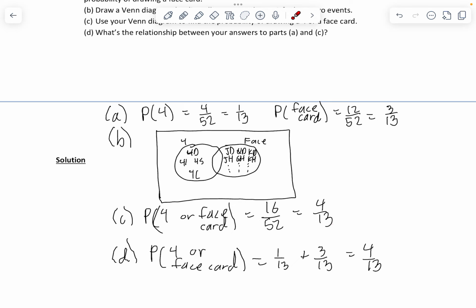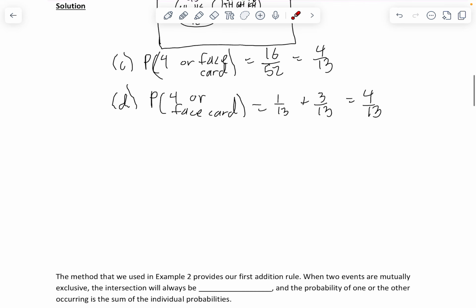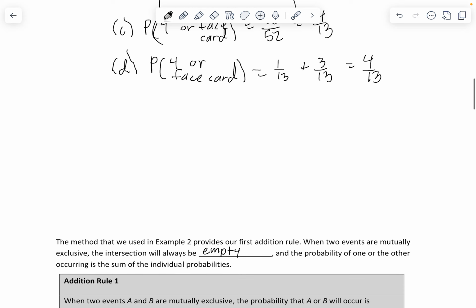So that's the relationship. The method that we used in example 2 provides our first addition rule. When two events are mutually exclusive, the intersection will always be empty. And the probability of one or the other occurring is the sum of the individual probabilities.